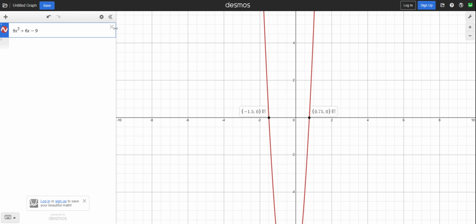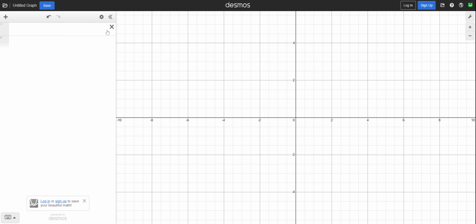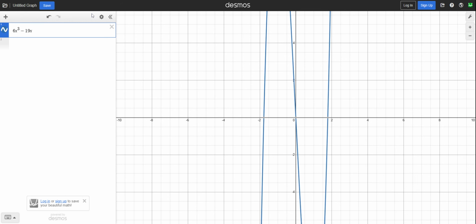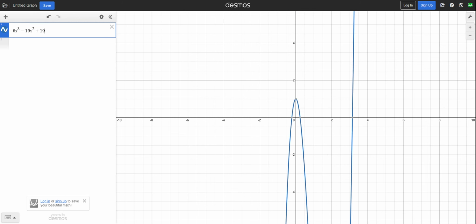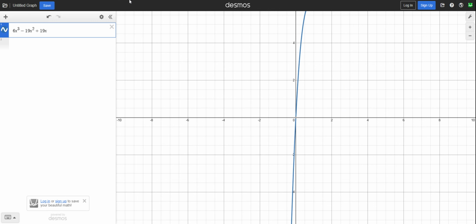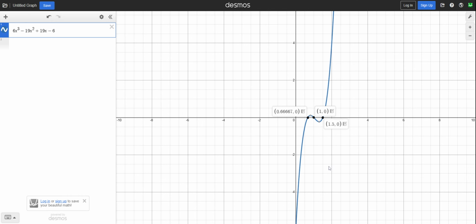6x cubed minus 19x squared plus 19x minus 6. Guess what? 23 is not a solution.